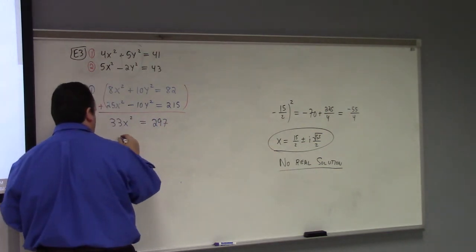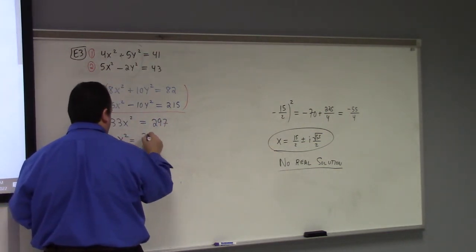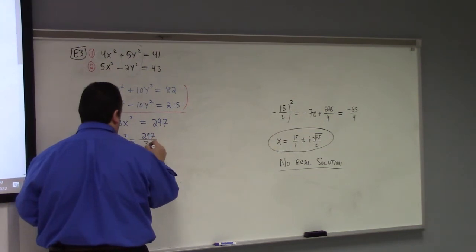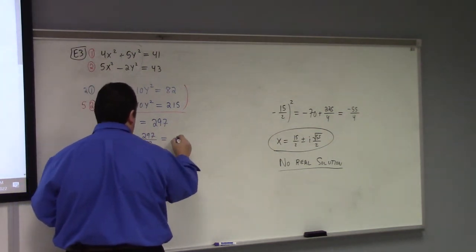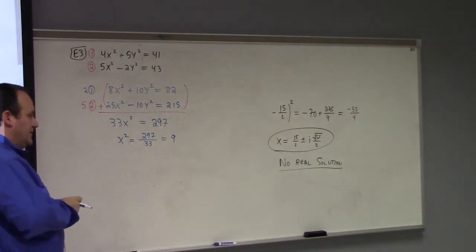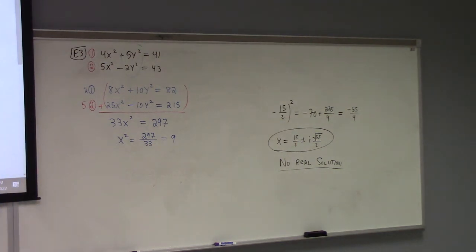And what's 297 over 33? It's 9, because 330 less 33 is 297. And also somebody told me this in the earlier section today, so I already know. But anyway, I'm cheating. So we got x squared equals 9.